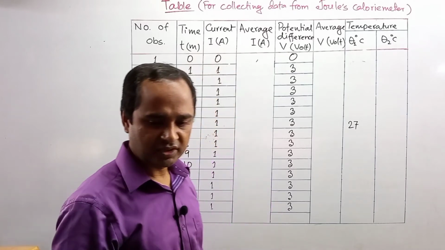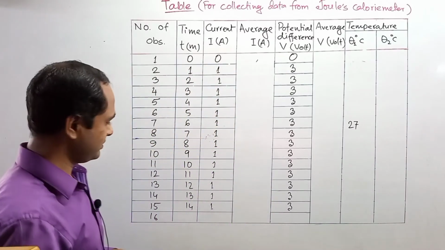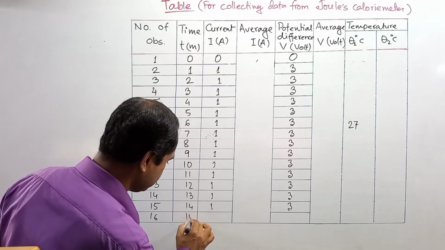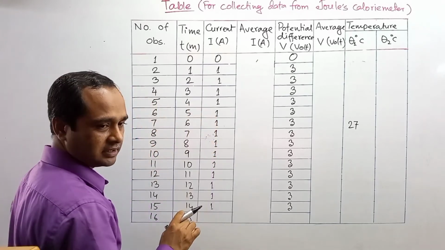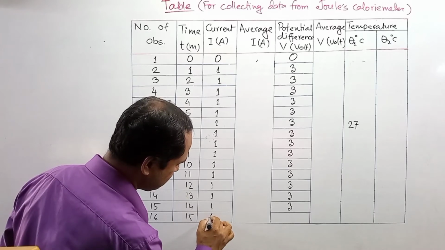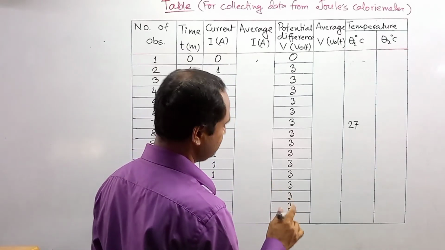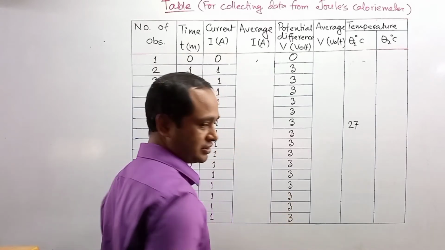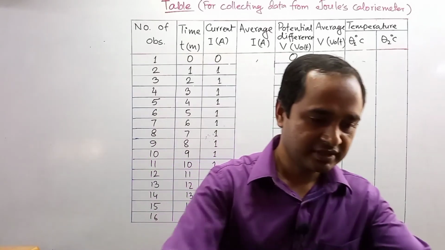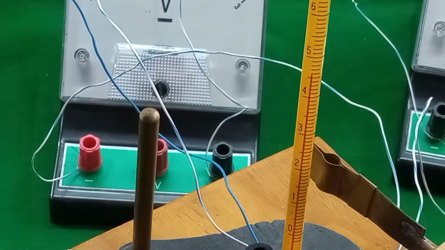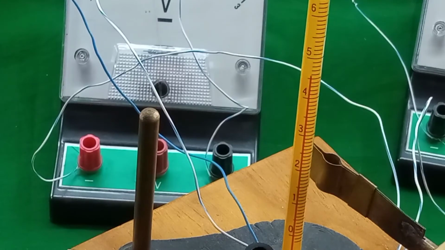After 15 minutes, when the observation was 15, the reading in the ammeter, that is the value of the current, was 1 ampere and the potential difference in the voltmeter was 3 volt, and the final temperature, theta 2, after 15 minutes was 45 degree Celsius, right?